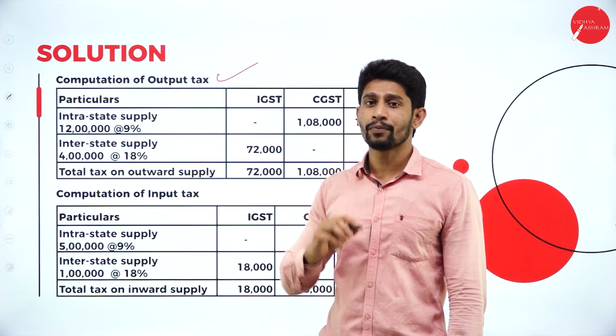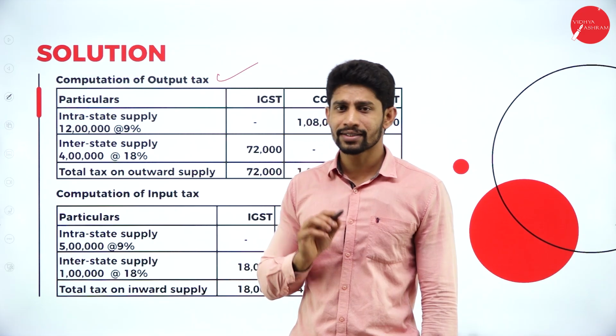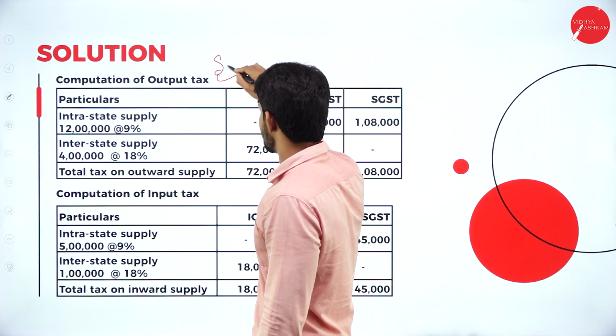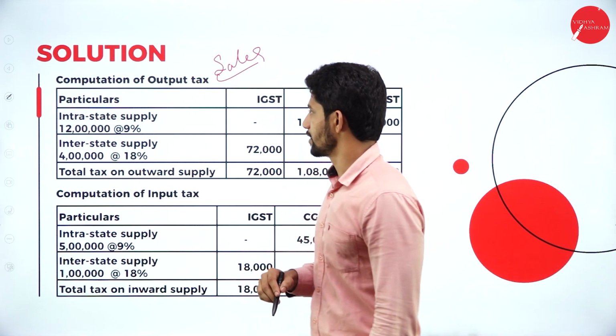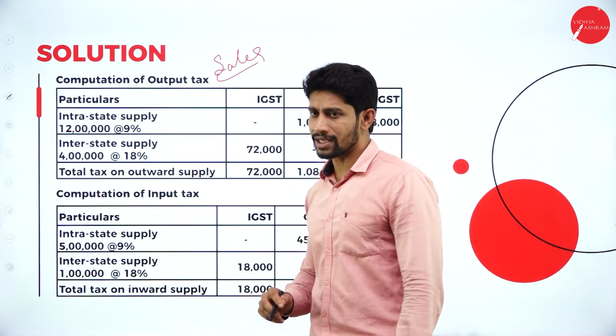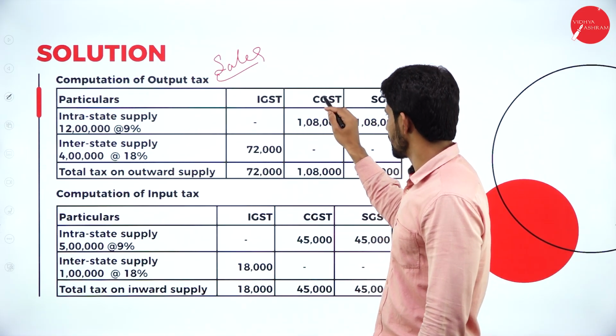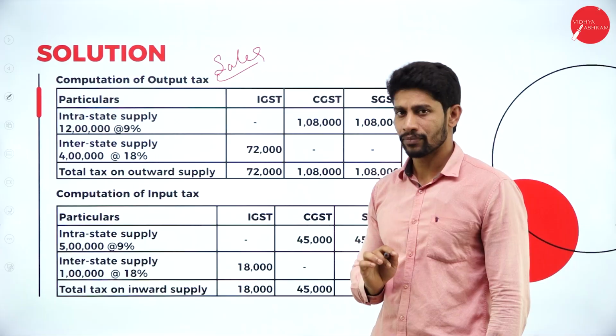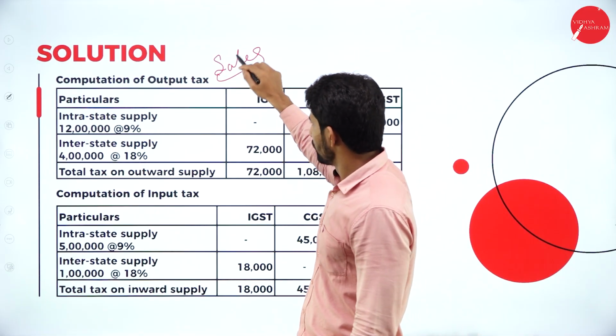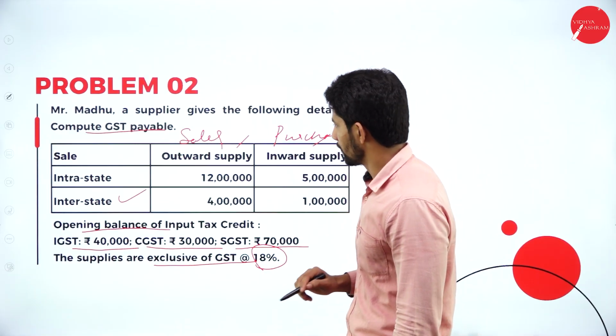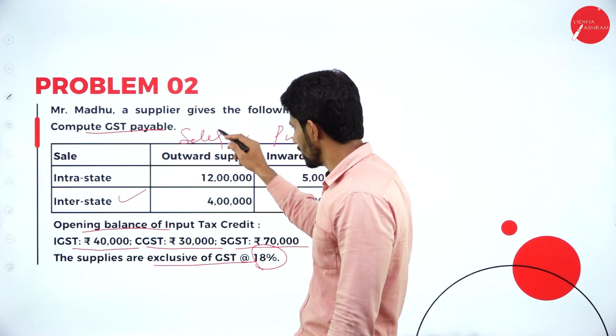On what do we impose output tax? Output tax is imposed on sales. So computation of output tax: particulars IGST, CGST and SGST. Now we look into the sales column. Outward supply is nothing but sales.